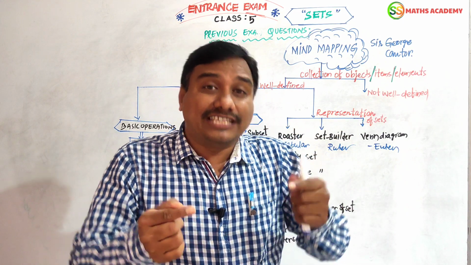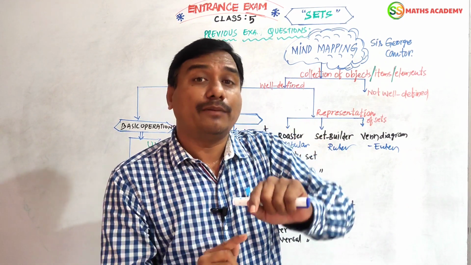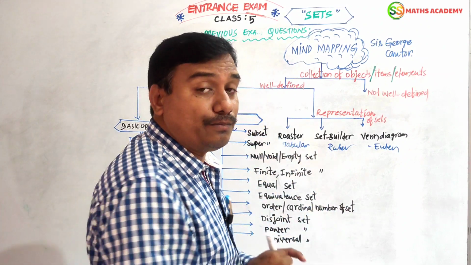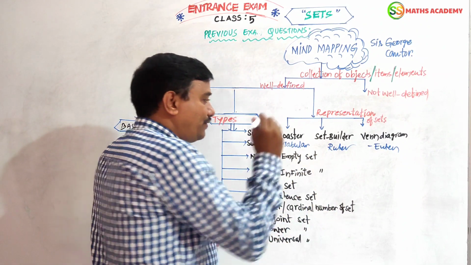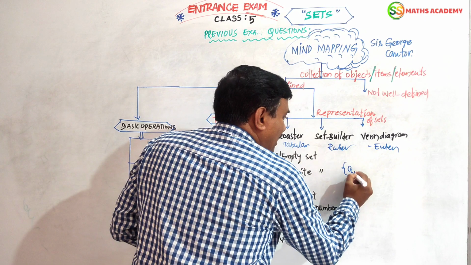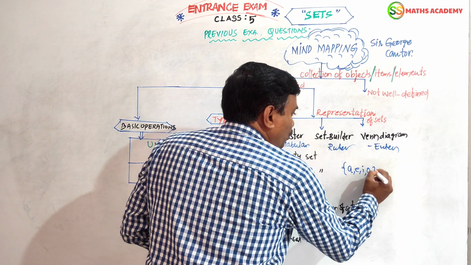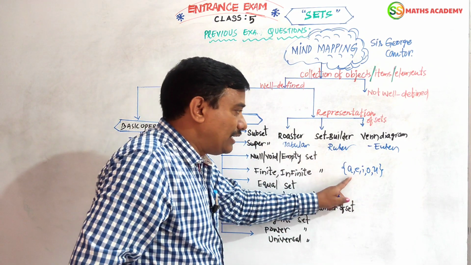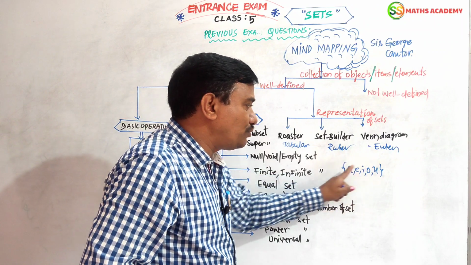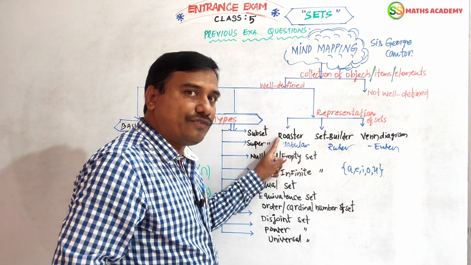Then it is called tabular form or roster form. For example, {A, E, I, O, U}.